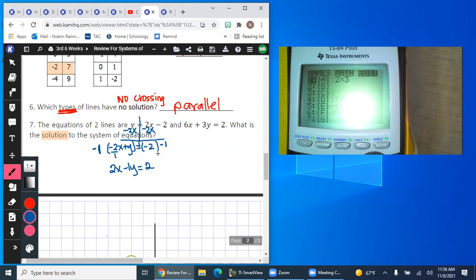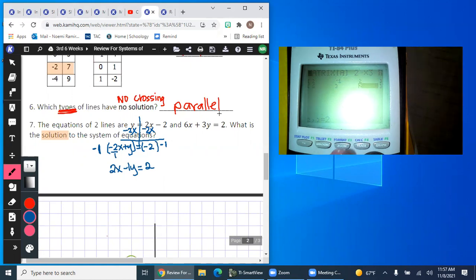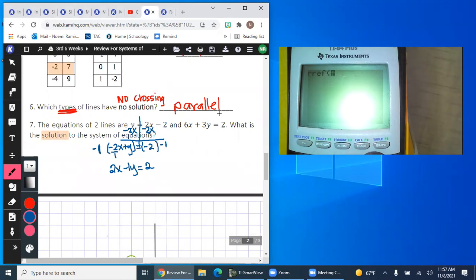Let's go into matrix. Now, the numbers that we're going to use are right here. 2, negative 1, 2, 6, 3, 2. Second quit, matrix, find RREF, enter, enter.